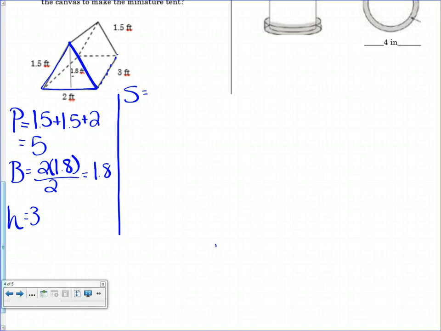Plug that into your formula. 5 times 3 plus 2 times 1.8. Multiply those together, you get 18.6. So that's the surface area of my tent.